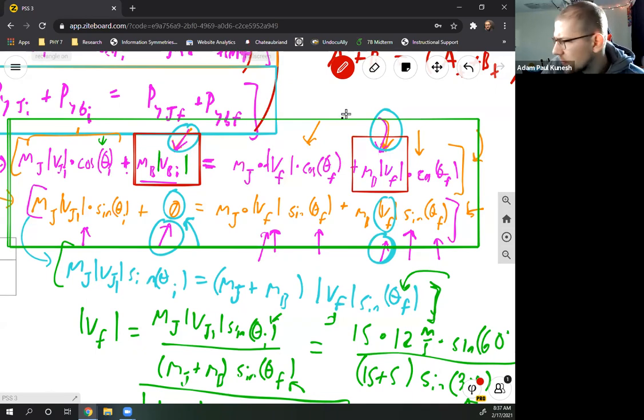It was two unknowns. Now we know the final velocity from our second equation, and we can solve back to find the initial velocity of the ball.